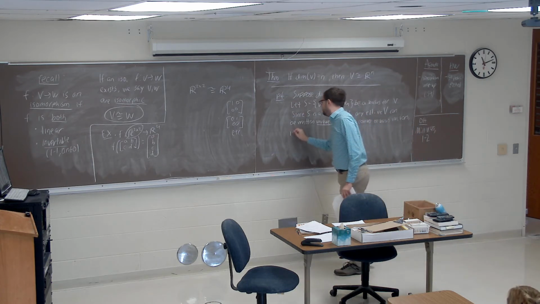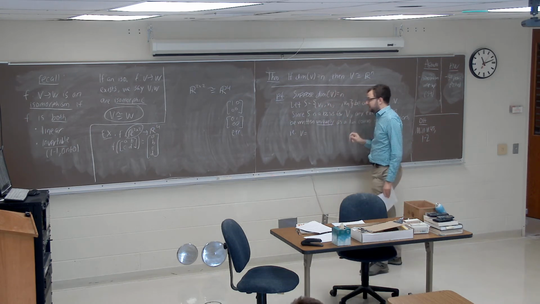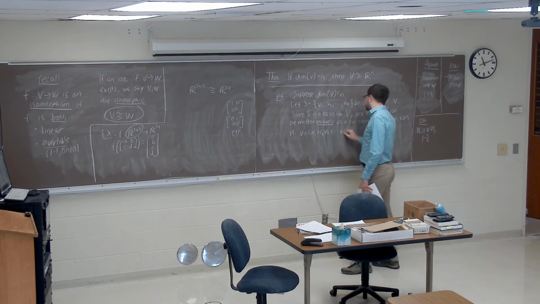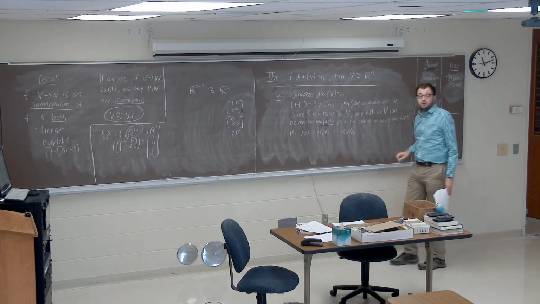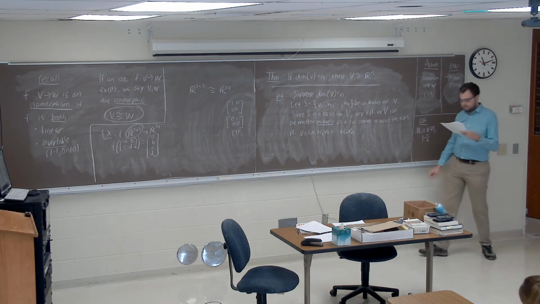Or in other words, if we wanted to find constants so that little v equals C1V1 plus C2V2 plus up through CnVn, there's always going to be one set of constants, C1 through Cn, that will get the job done.